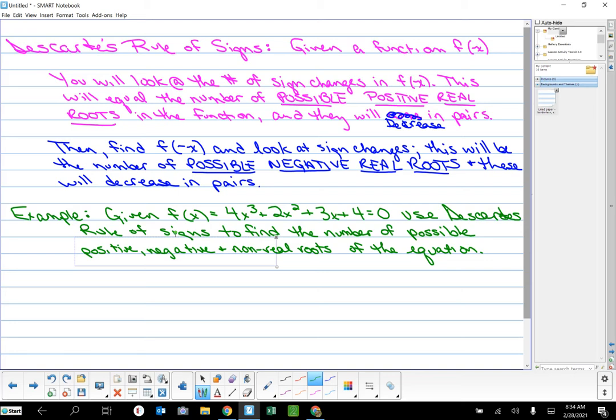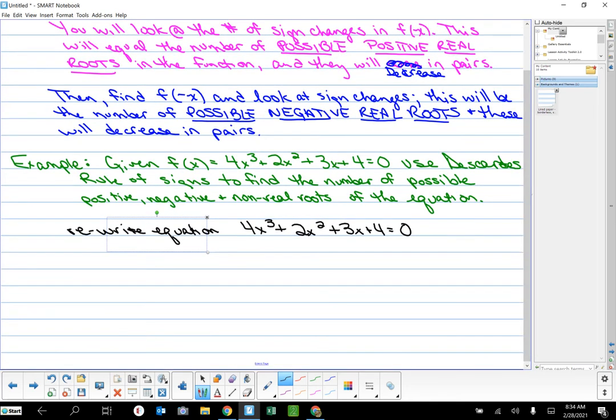Okay, so here's how I want you to start this. I want you to rewrite the equation on your paper. So you have 4x cubed plus 2x squared plus 3x plus 4 equals 0. And then I want you to go from term to term. And if it changes sign, write yes. And if it doesn't change sign, write no. So this is positive and it stays positive.